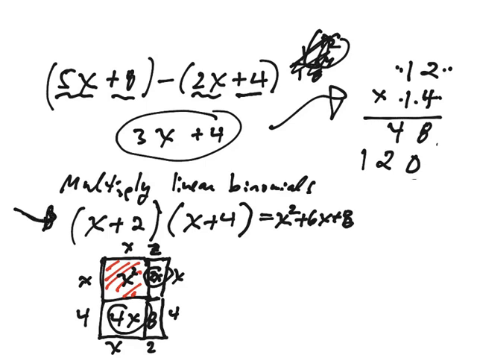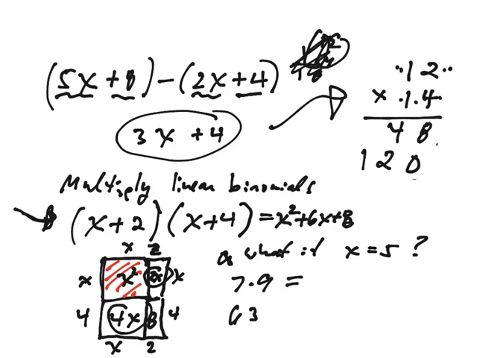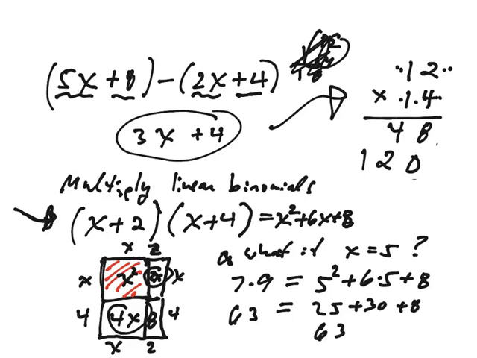It's saying that if you pick some number for x, like imagine what if x equals 5? Well, then this left side would become 7, which is 5 plus 2, times 9, which is 63. And if I plug 5 into the x's for the right-hand side, I would get 5 squared plus 6 times 5 plus 8, which is 25 plus 30 plus 8, which is 63.